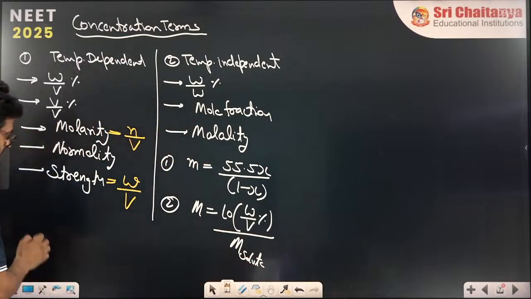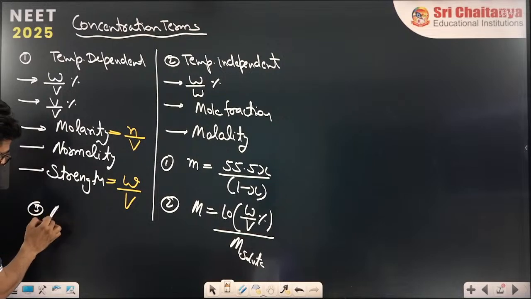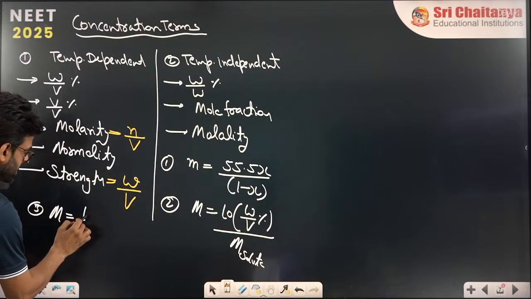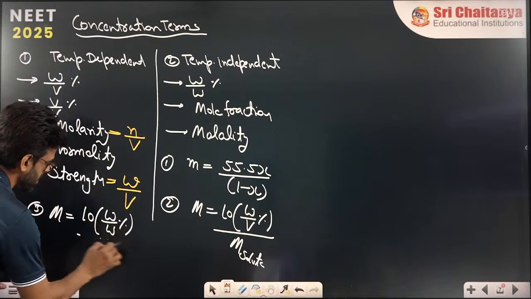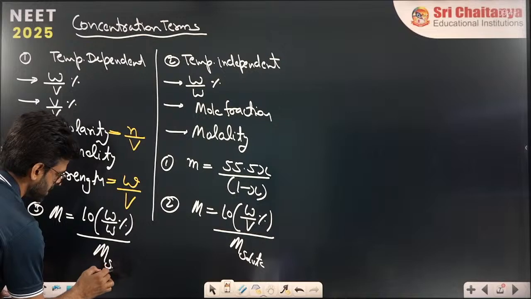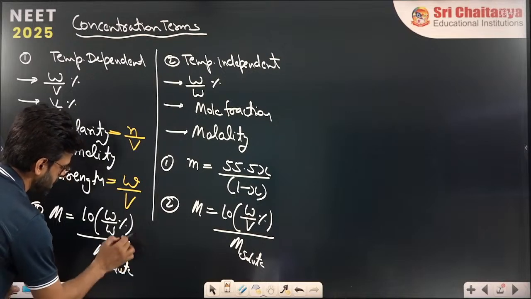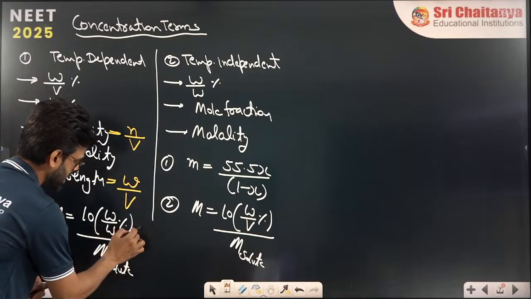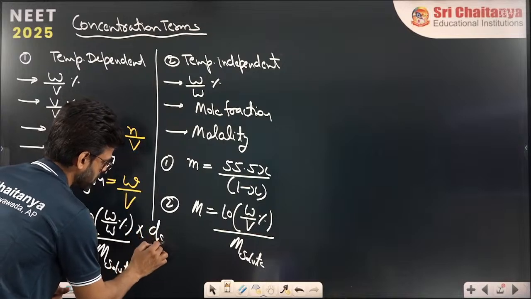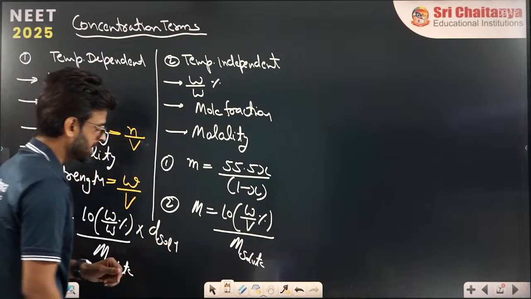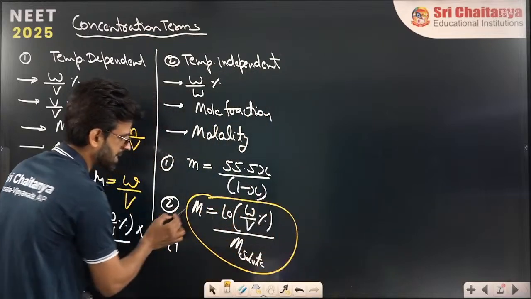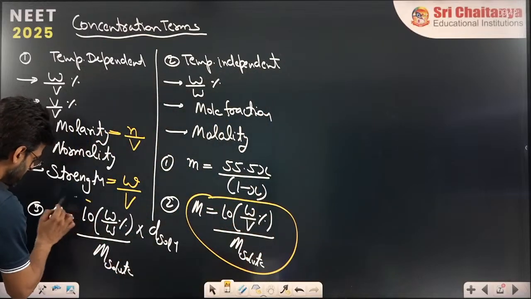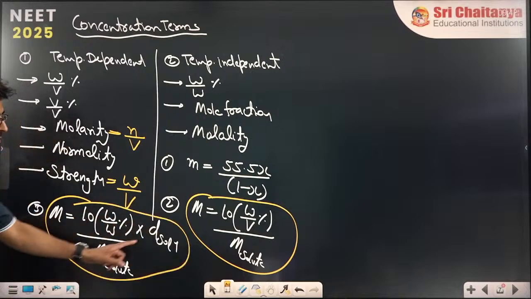If I say the third one, molarity is 10 into weight by weight percentage into density of solution divided by molar mass of solute, right? See carefully, there is a difference. It is weight by volume, so no density required here. It is weight by weight, so I need density of solution.